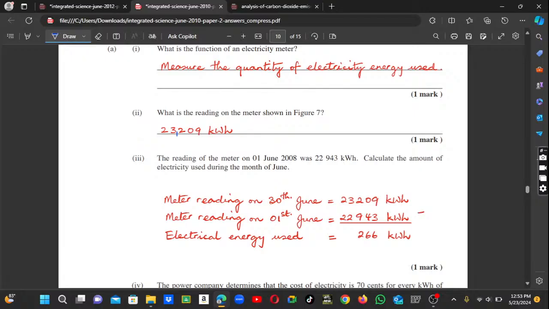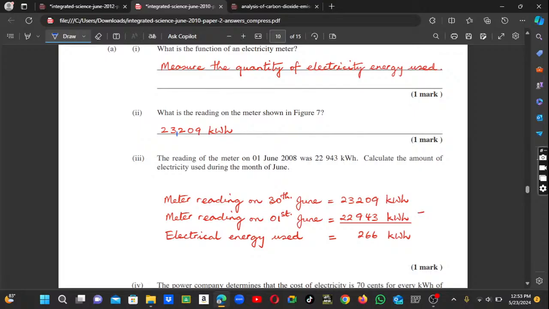And now for electricity use, how are we going to calculate this, guys? We're talking about kilowatt hours.